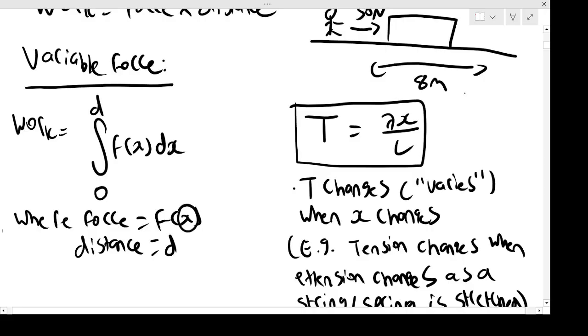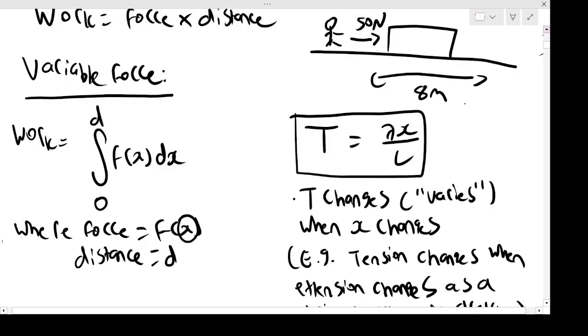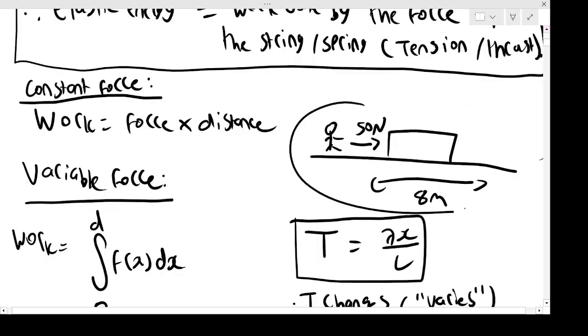So the x here, that is what we call the instantaneous distance. What that means is effectively, x is basically the distance we're currently at, okay? So again, let's have a look at this example here. Again, this person pushing a block forward. Obviously, it moves 8 meters in total.